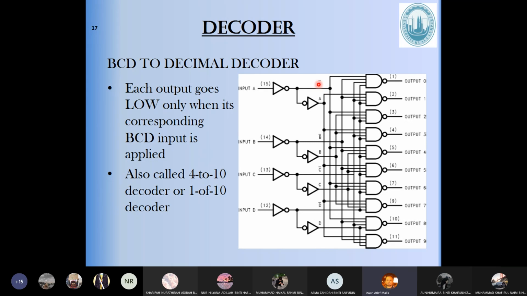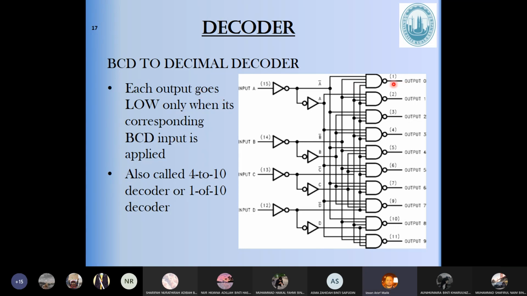Okay, for example, what is the price of the Coca-Cola, for example. So 3. So 3 is a whole number, a decimal number. But in binary, 3 is 0, 1, 1 or 0, 0, 1, 1. That is 3. So each output goes low only when its corresponding BCD input is applied.